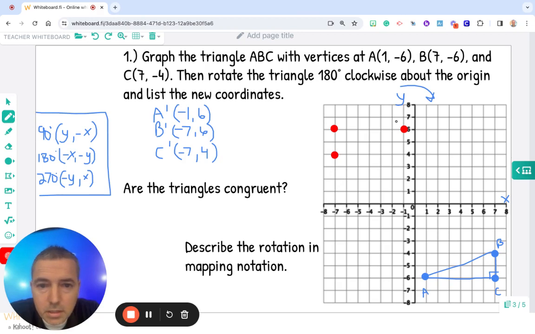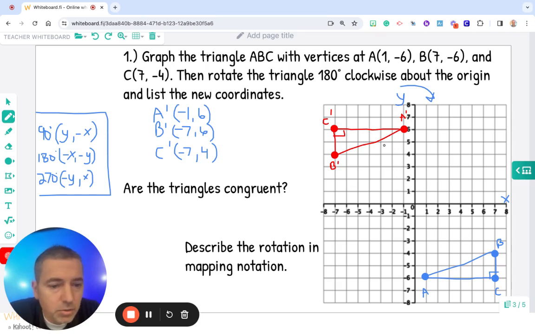So we had A prime, B prime, C prime. Let's connect them. So you can see 2 turns to the left, right? The A is still on the inside. It flipped it over, right?